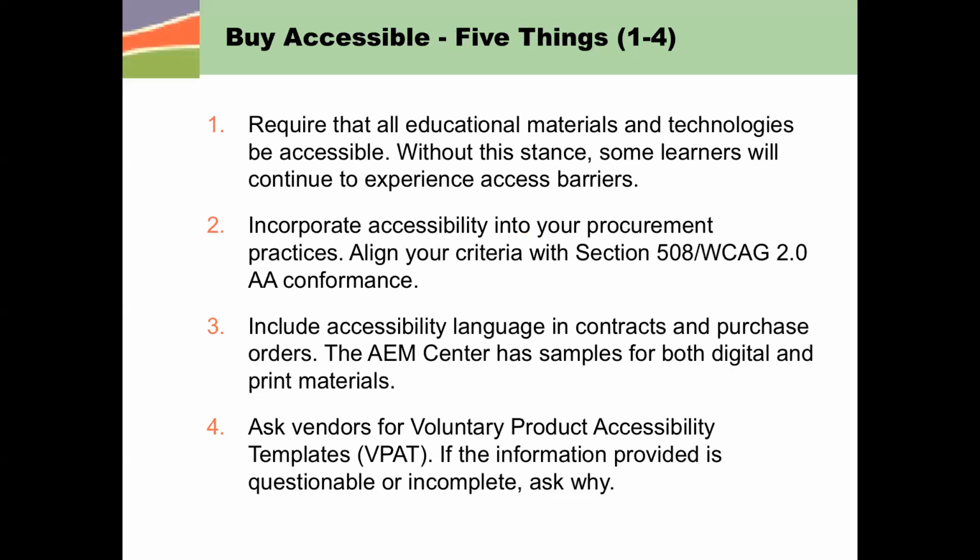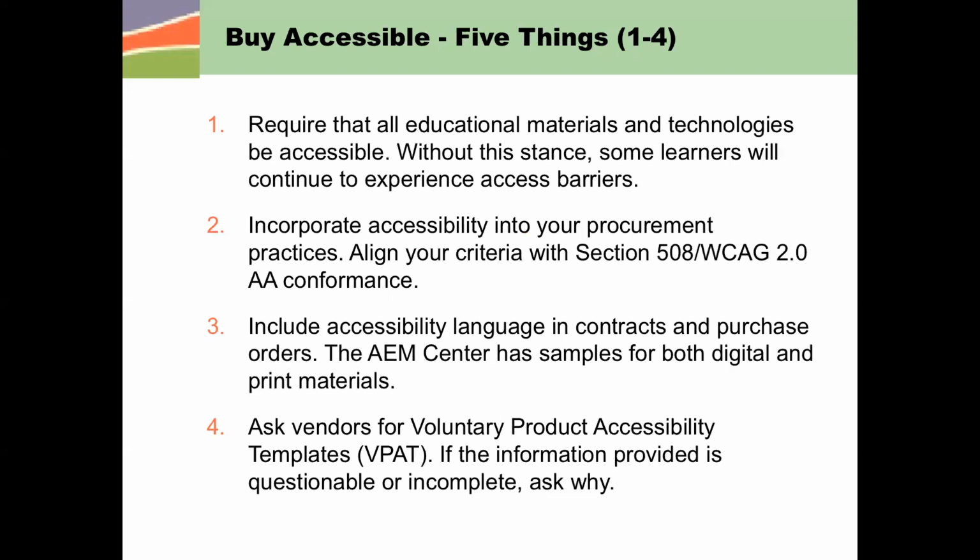It was just revised to a 2.0 version. It's aligned with the Section 508 WCAG 2.0 AA standards, and the vendors are essentially reporting the accessibility according to those standards. It's just one piece of information. One thing to look for is if the information reported by the vendor is spotty, if it seems incomplete.